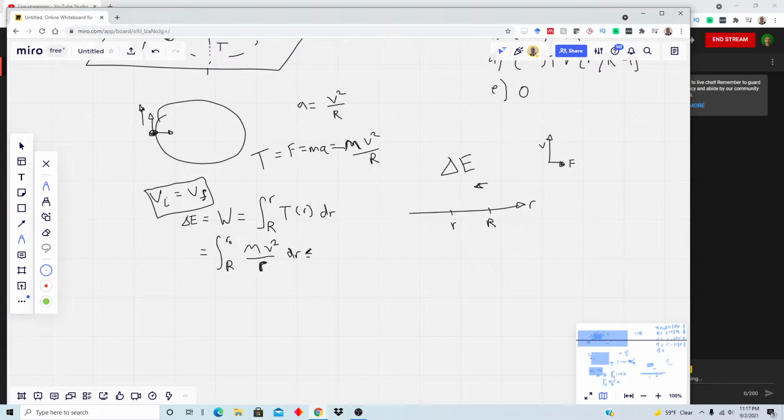No. It's 1 over r. The integral of 1 over r is actually the log r. And I'm not sure if this is correct.